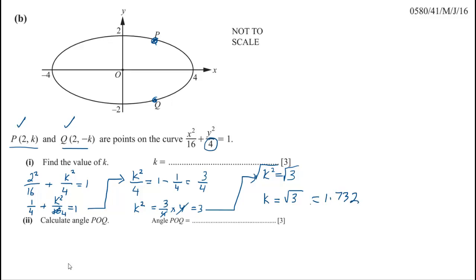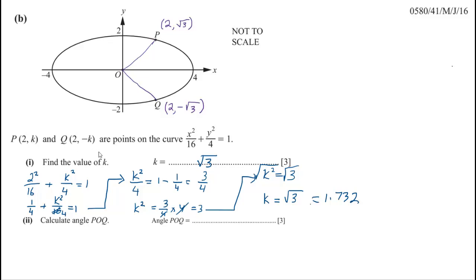So you can use both of them, either this one or this one. So k is under root 3. I prefer this one, under root 3. The next part looks tricky, but actually it is not, because now we have found k.